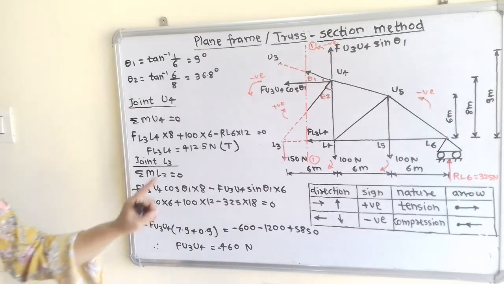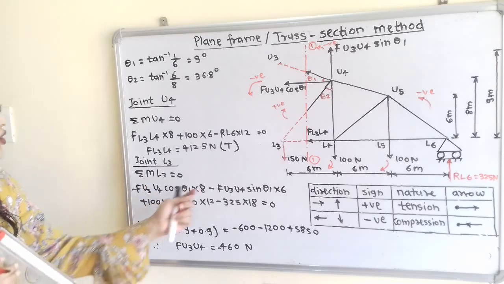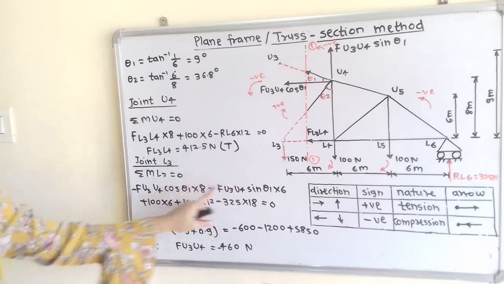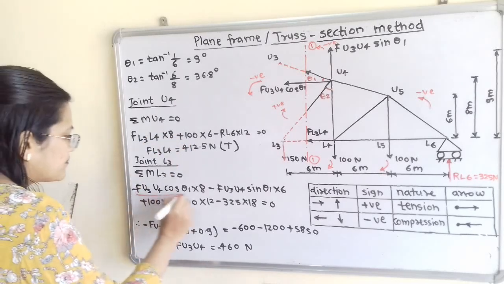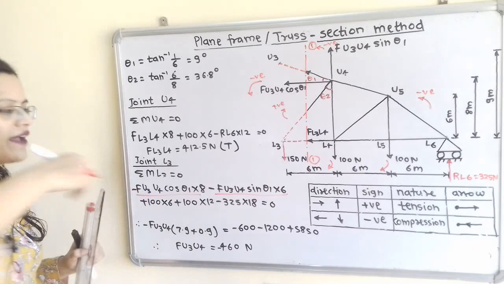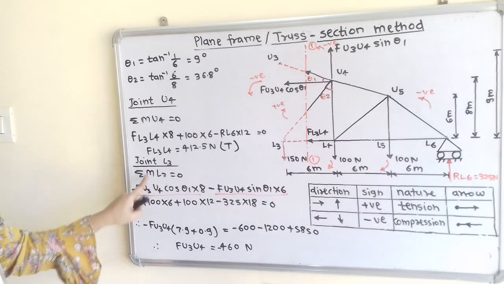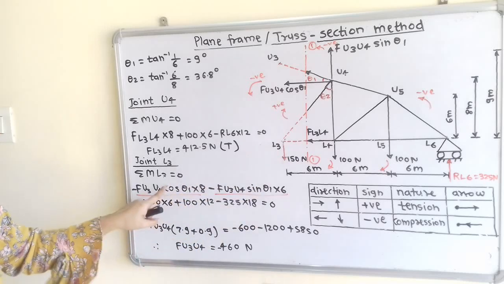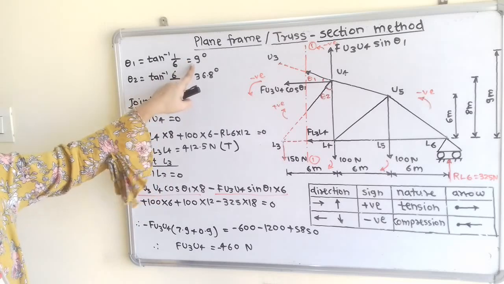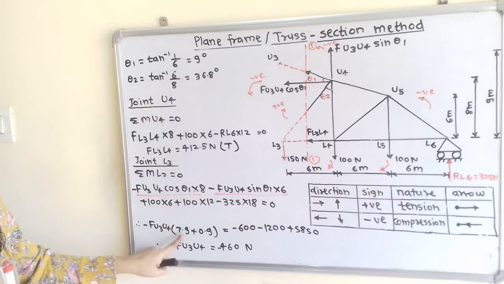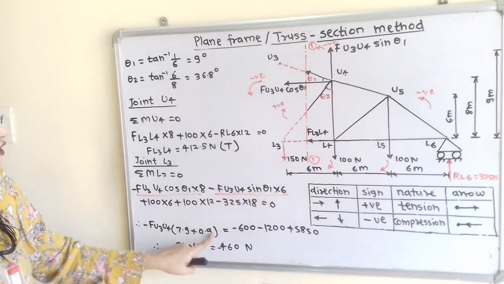Now if we observe, we have to find out this unknown force Fu3U4. So we can take the common from first two parameters. So I will underline this. So I will take common term minus Fu3U4 as a common term. So inside the bracket we have to solve this. Cos of theta 1, that is cos of 9 degree multiplied by 8 is 7.9, and sine of theta 1 into 6, that is 0.9.